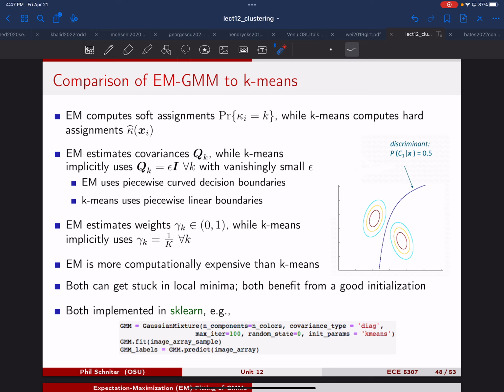For some reason, expectation maximization historically focuses on maximizing the likelihood. If somebody had named it expectation minimization, maybe they would have focused on minimizing the negative log likelihood, and then my slides would have reflected that. I'm just trying to be consistent with maximizing the likelihood, but they're the same.